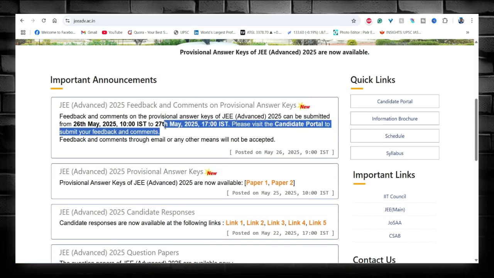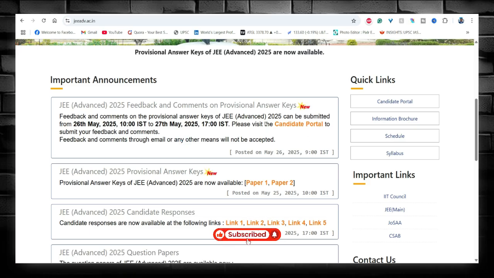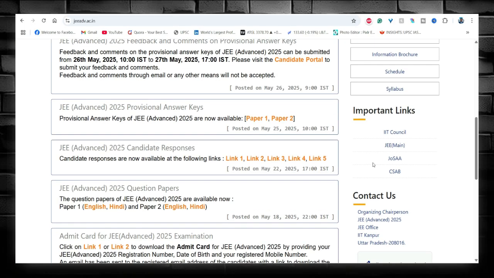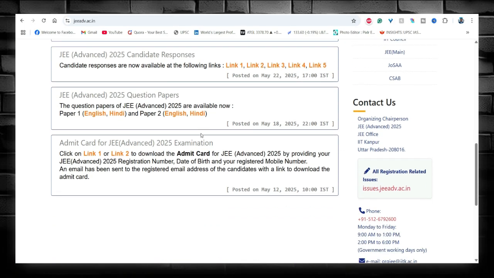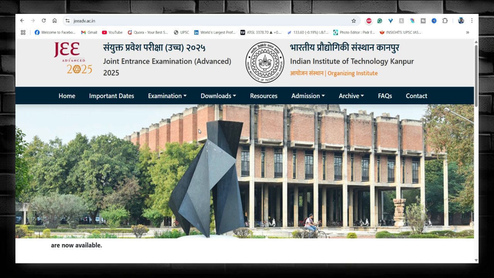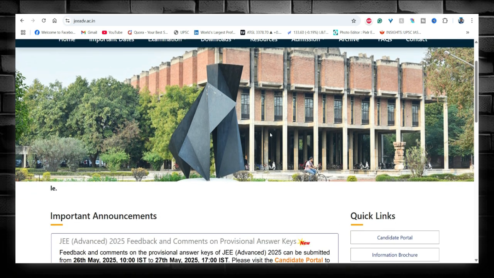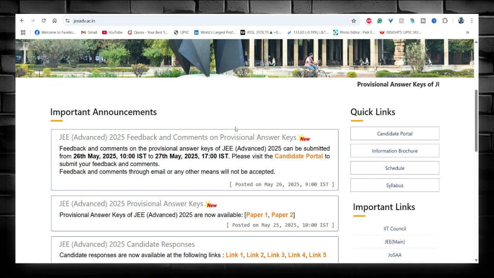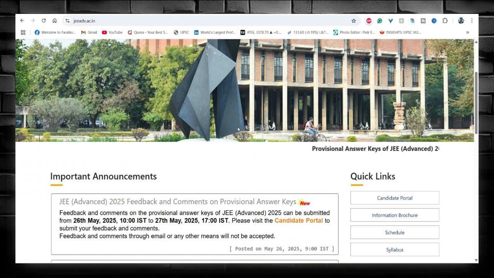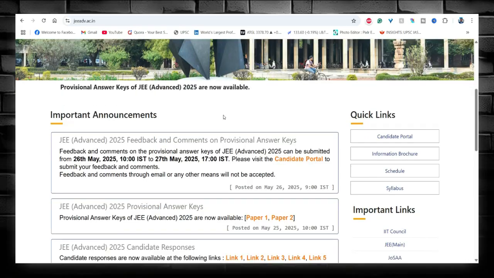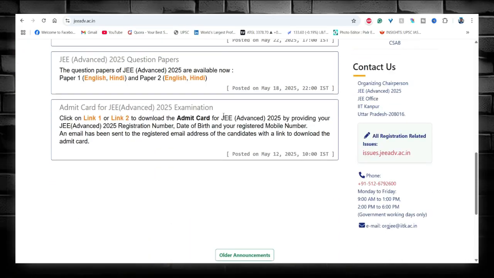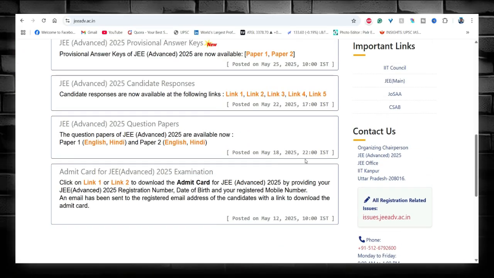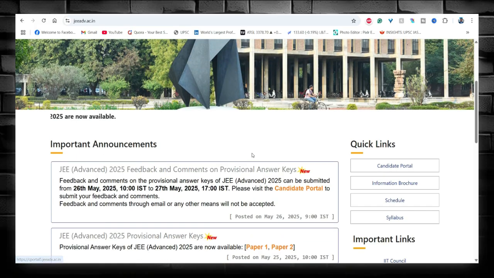So here's the quick summary. First, you have to check your answer on the JEE Advanced portal. Then you have to raise objections by May 27, that is tomorrow, by 5 pm. You have to upload a valid reference, be it from books or from your notes, it has to be valid, and pay whatever fee is required, and then you have to wait for the final answer key and obviously the final results.